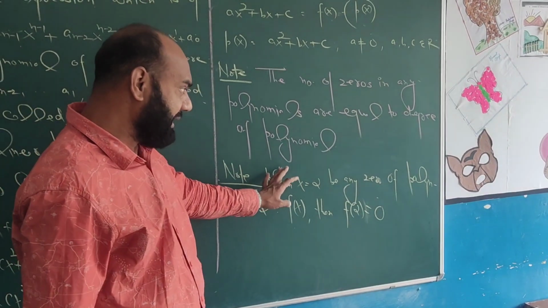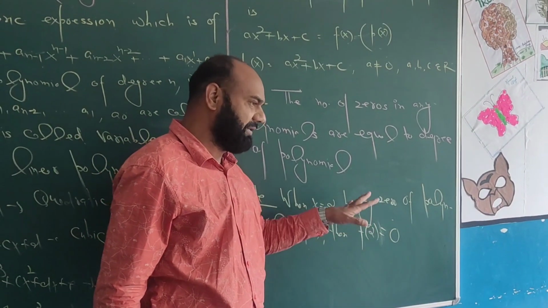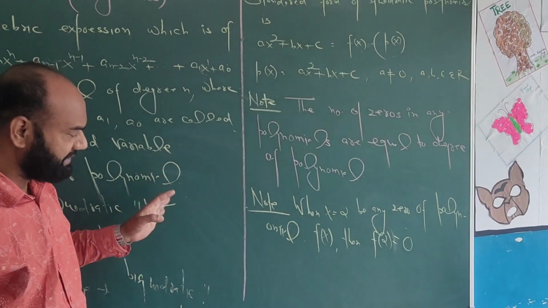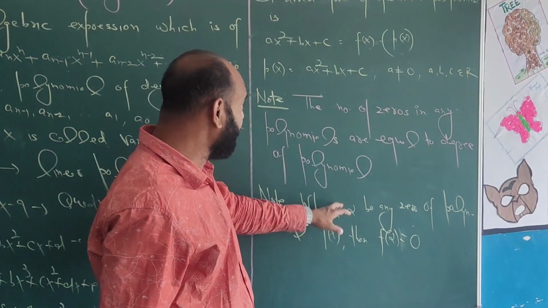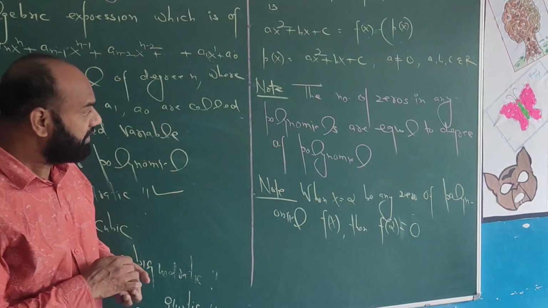When alpha is any zero of the polynomial fx, then f of alpha must be equal to 0. Means this zero must satisfy the given polynomial.